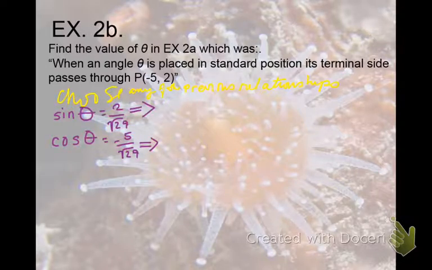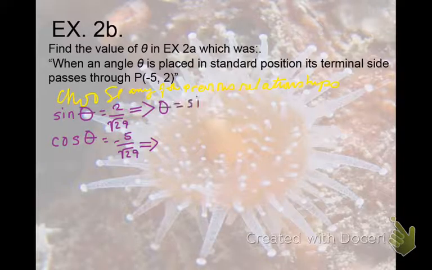So to save a little time, I just wrote sine and cosine in the relationships, and from the previous slide, sine of theta was 2 over root 29. We cleaned it up, but for this computation we can just keep it like that. And cosine of theta was negative 5 over root 29. And theoretically, we'll use either one of those and it shouldn't make any difference at all. So let's just do the top one first.